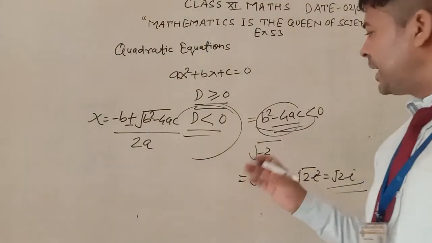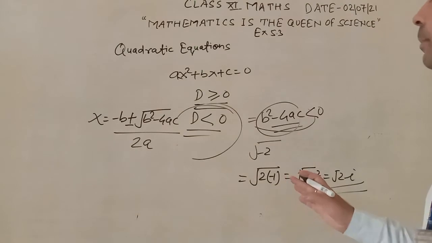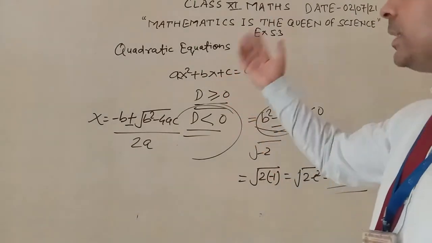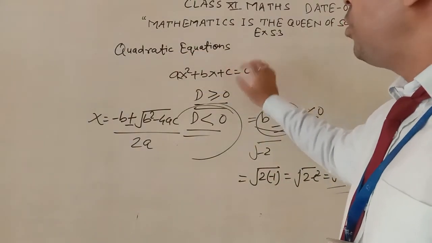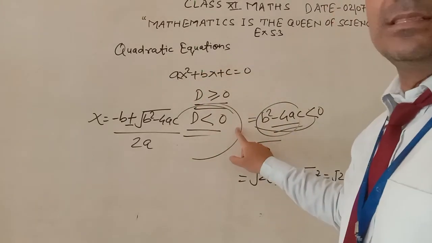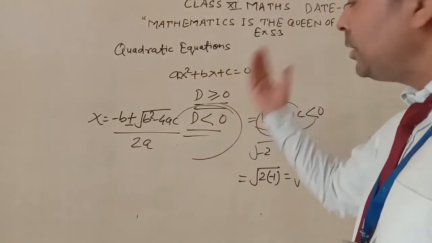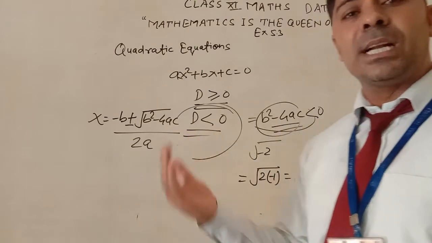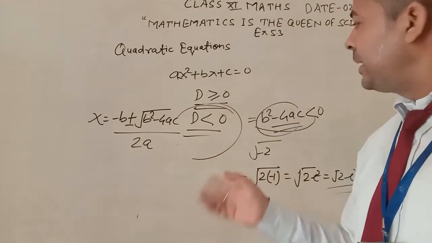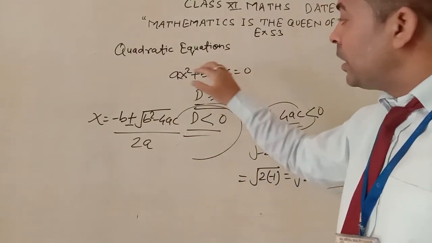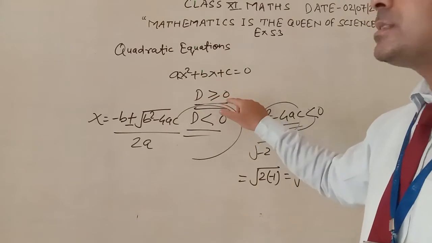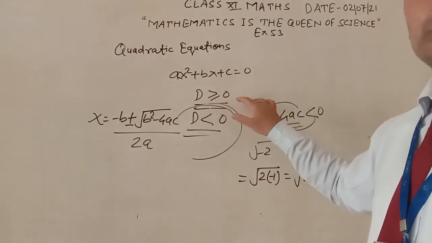So students, we are taking some examples and solving this type of question. Here the quadratic equations involve only d less than 0, because you already know about quadratic equations from earlier classes like class 10, where you only had solutions for d greater than 0 or d equal to 0.